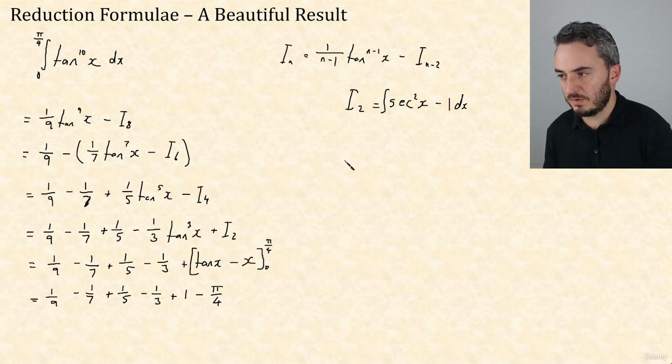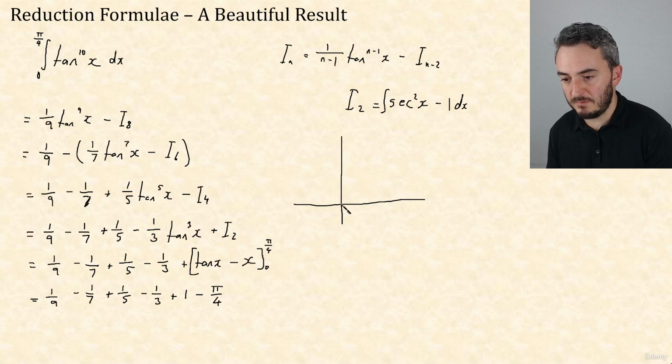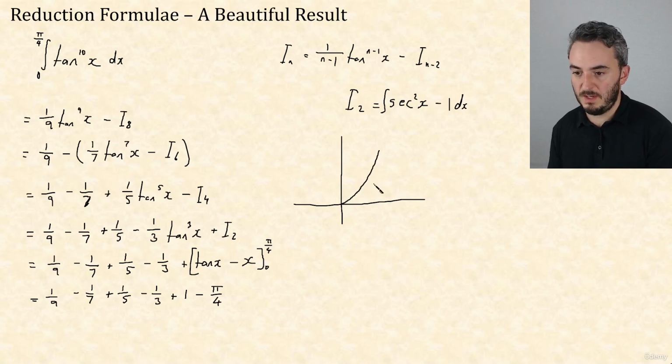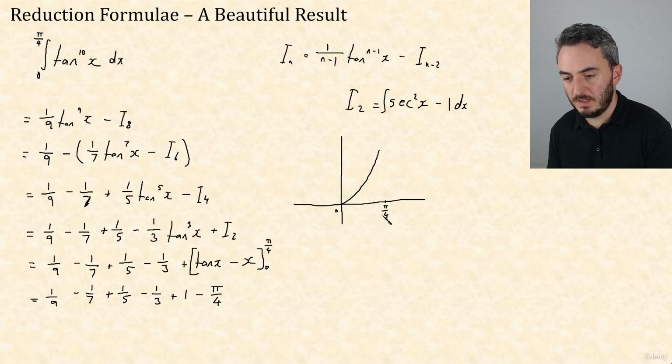Now let's just consider what the graph of that is. The graph of tan x between 0 and pi over 4 looks like that. 0, pi over 4. The y value here is 1. If you start increasing the power on tan x, everything in here gets reduced because it's all less than 1.